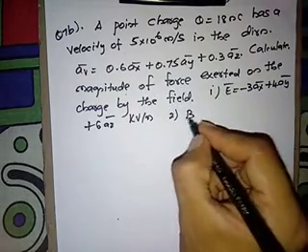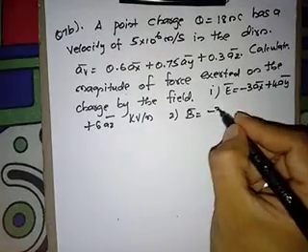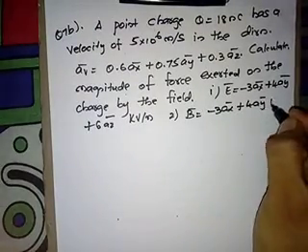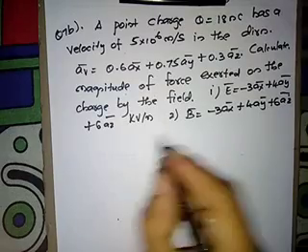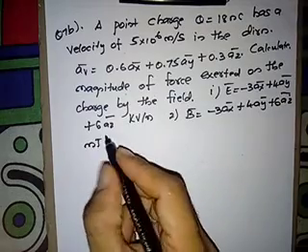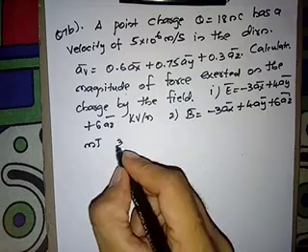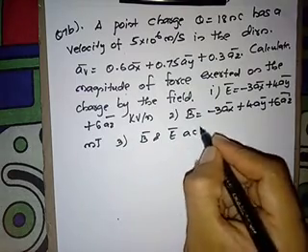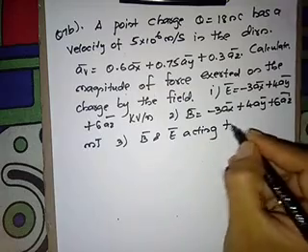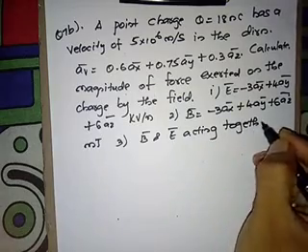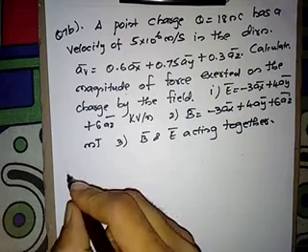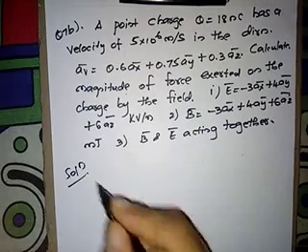Second one is B bar equal to minus 3 aX bar plus 4 aY bar plus 6 aZ bar millitesla, into 10 raised to minus 3. Then the third part of the problem is B bar and E bar acting together. So these are the three parts of the problem. Let us solve this example.